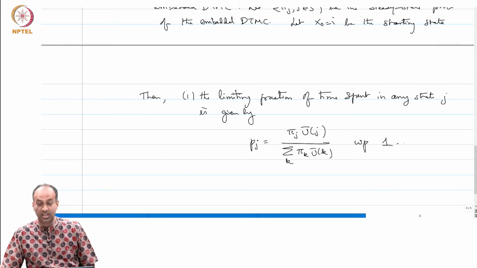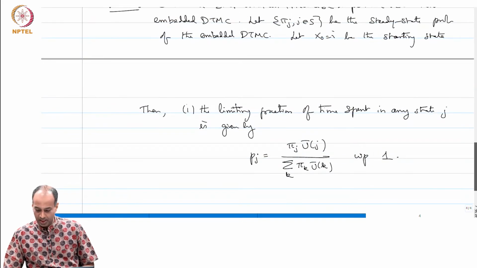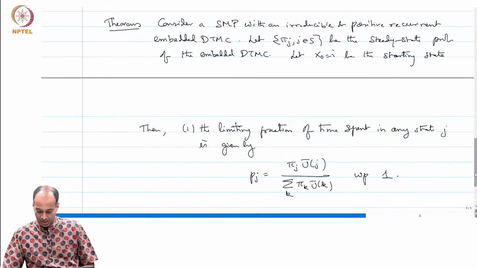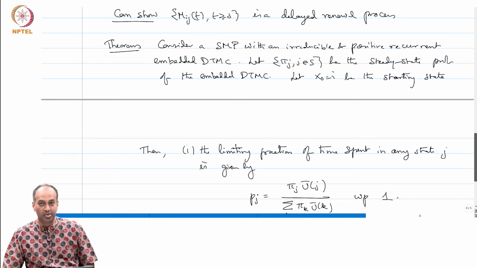This fraction of time spent in state j is almost surely equal to pi j u bar j over the sum of pi k u bar k. This is a valid probability distribution if the denominator is finite. If the denominator is infinite, you will get 0. There is no meaningful notion of fraction of time spent in any state.